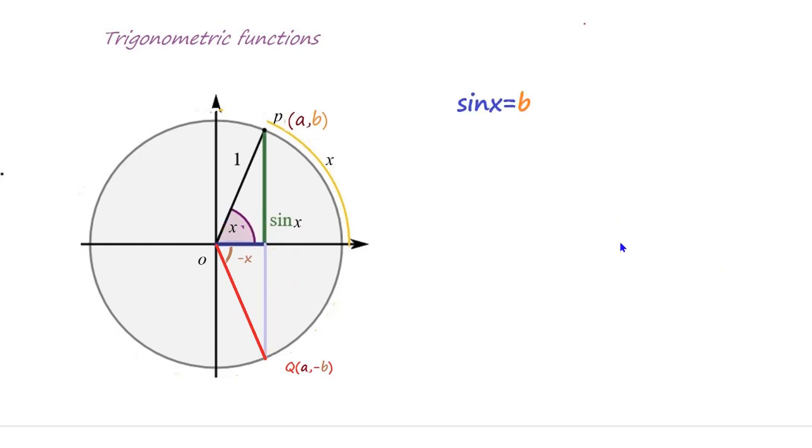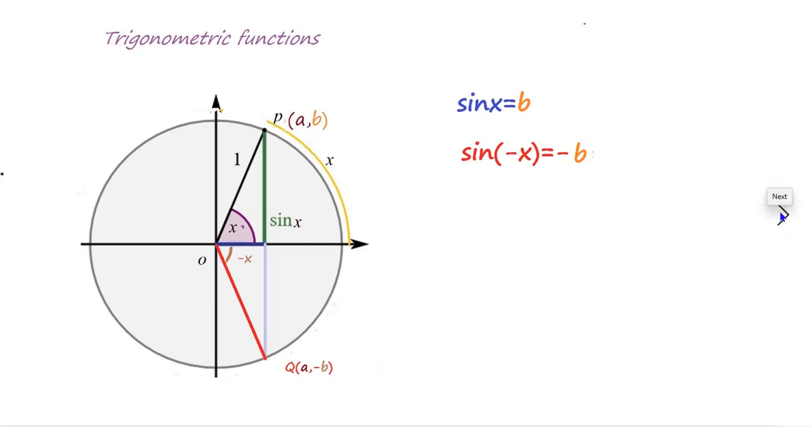Now you see here, you know the definition of sin x. What is sin x? Sin x is b. Now you can write the value of sin of minus x. What is sin of minus x? Sin of minus x is minus b, because the y coordinate of this point Q is minus b. And what is b?